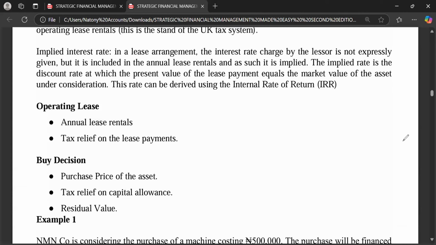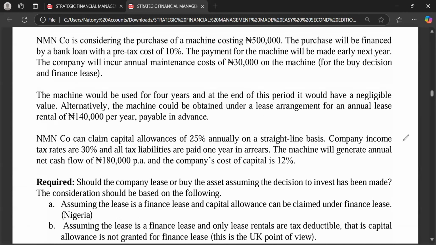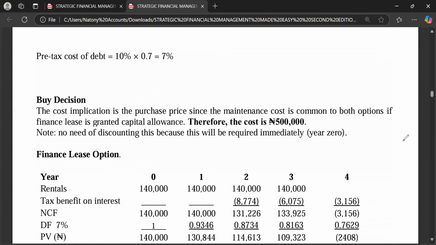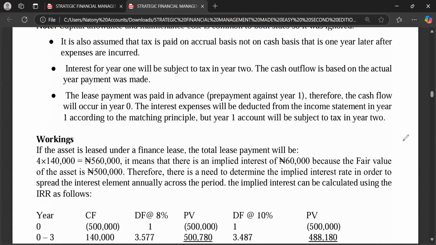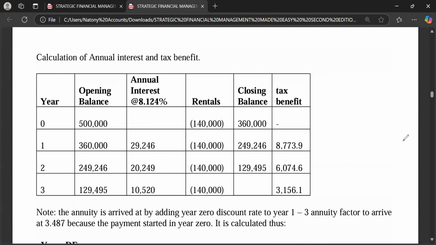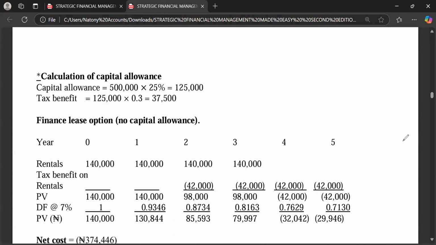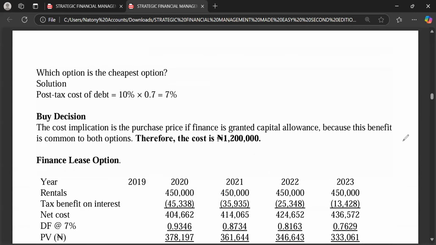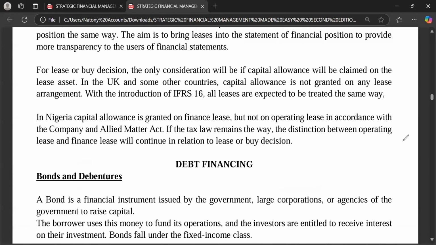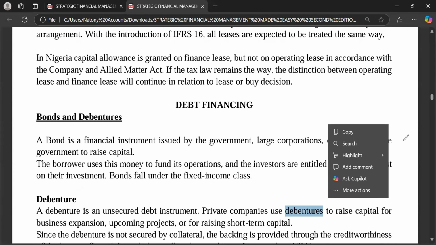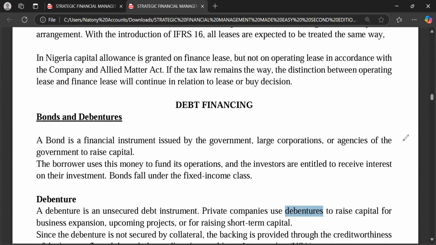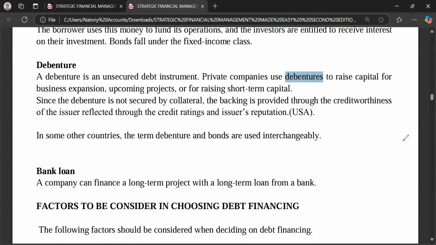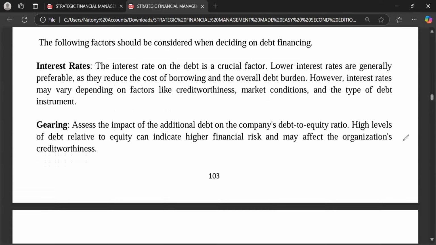You'll be looking at the cost of raising that funds to ensure that the company is not doing the business at a loss. So Islamic finance basically has to do with a company financing its operations through the Islamic bank.